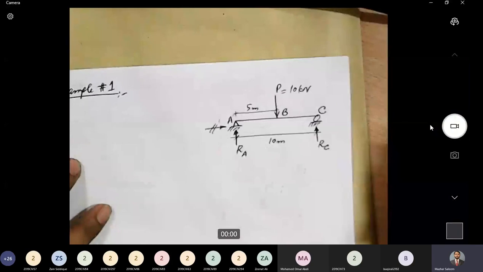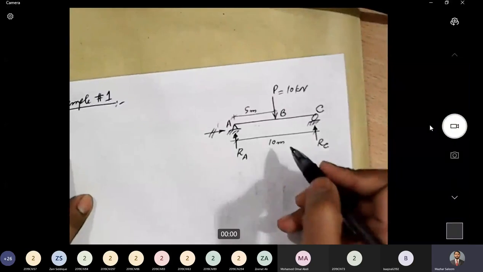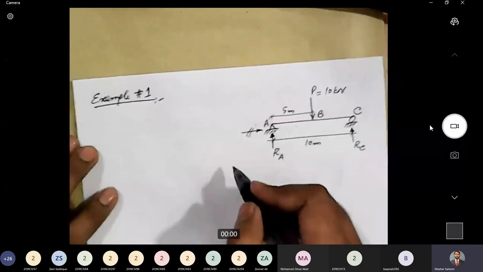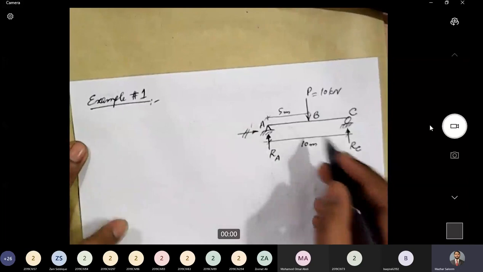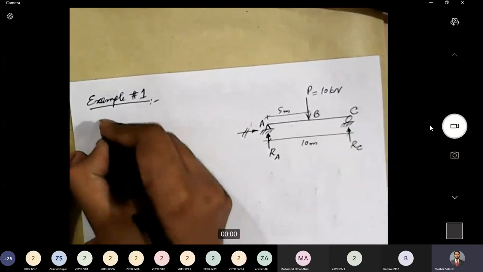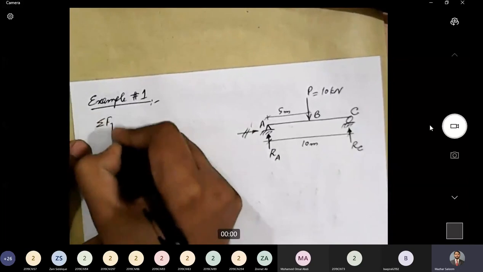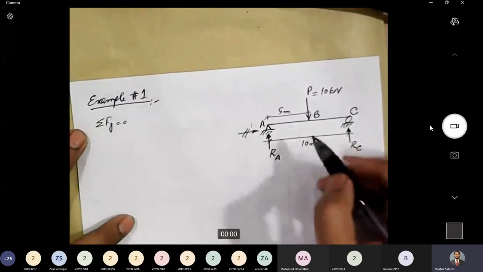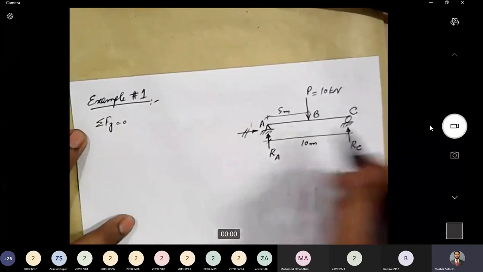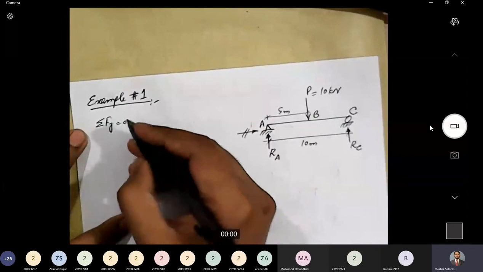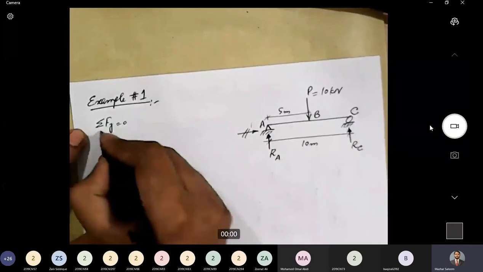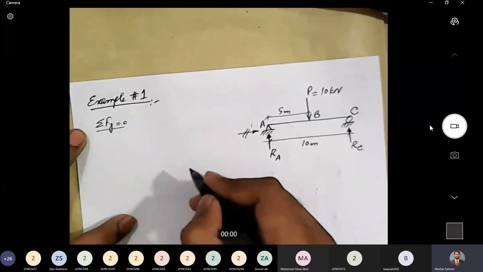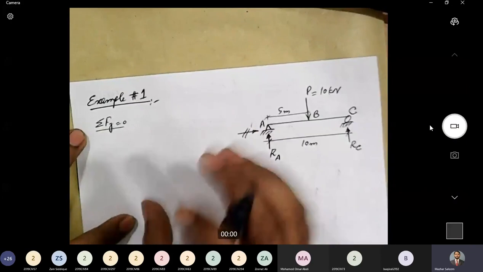Now, which equations of equilibrium do we need to apply in order to calculate these? We will apply sigma Fy equal to 0 and sigma M at any of the points equal to 0. Whenever you apply these conditions of equilibrium, it is preferable to write down the sign convention.